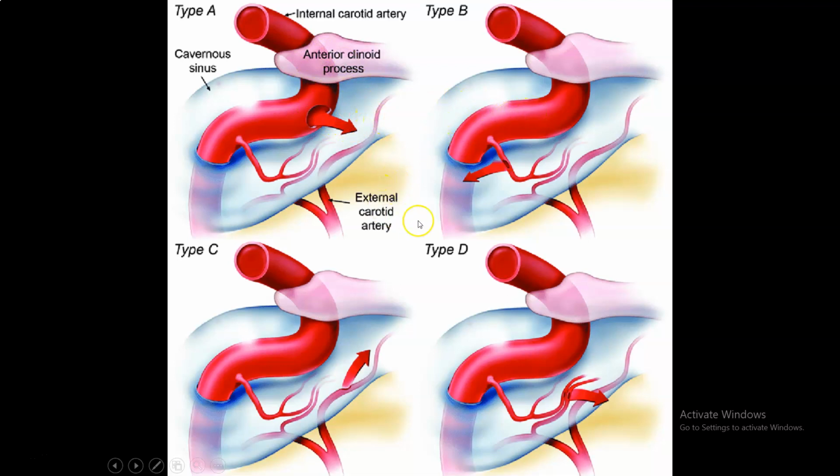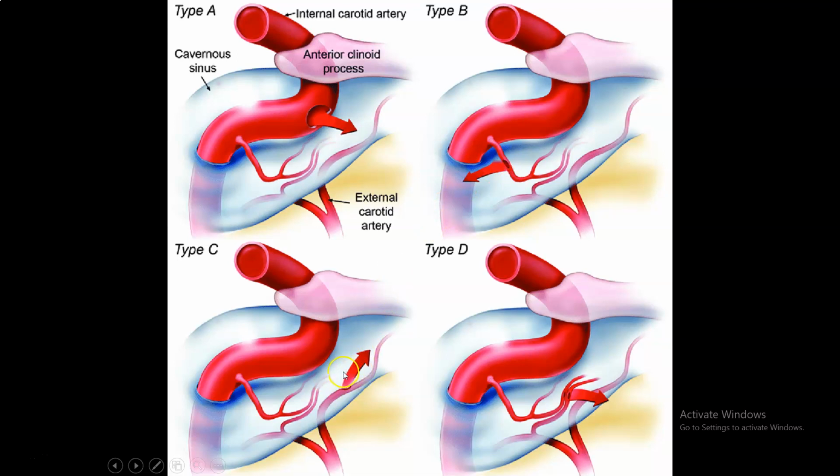The B type is from branches of the internal carotid, intercavernous branches, and the cavernous sinus, low flow.